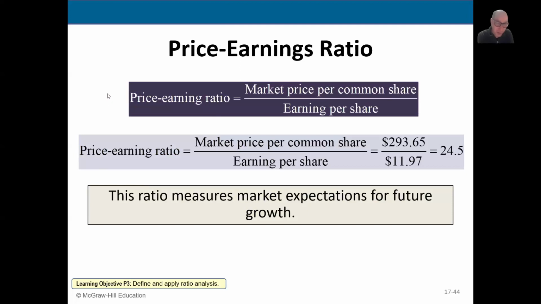Price earnings ratio, of course, is the ratio that measures market expectations for future growth. It tells us the future possibility of a company bringing additional value. We take the market price per share of stock divided by earnings per share.